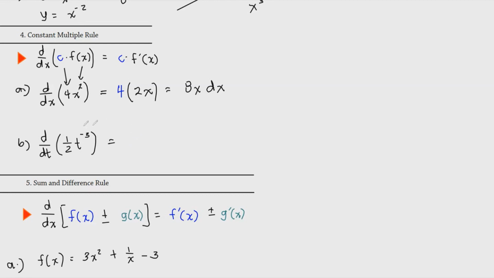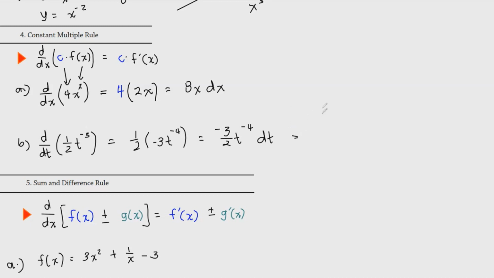So the derivative of this expression with respect to t will be 1/2, just copy the constant, and then the derivative of the function that's left, t raised to negative 3. I'll apply again the power rule: negative 3 minus 1 is negative 4. So the answer here would be negative 3/2 t raised to negative 4. And since this is d over dt, I need to add some dt here just to complete our solution.